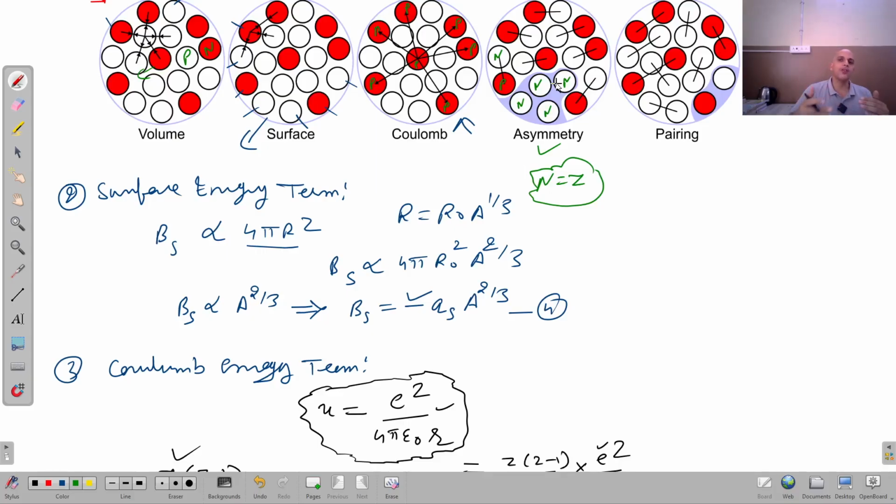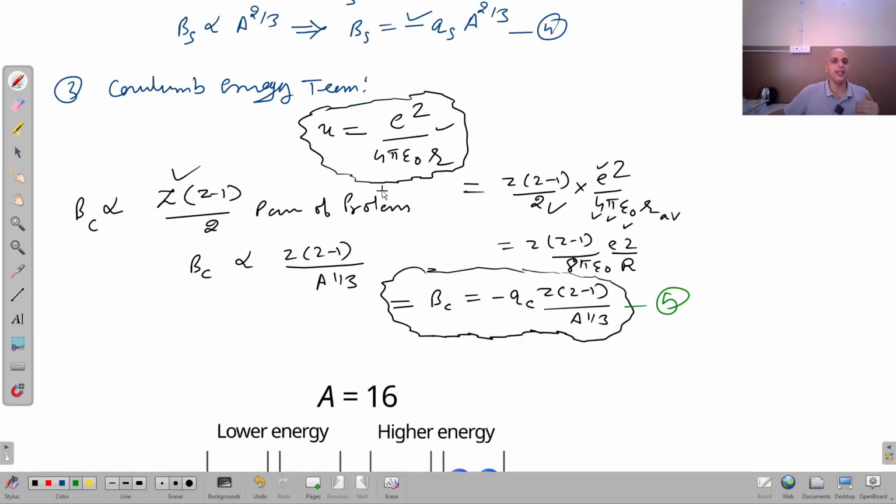Why? Because due to the increase in these neutrons, the size of the nucleus is also increasing. Although these neutrons are also increasing the attractive force between the nucleons, that is the strong nuclear force, the size is also increasing, which is a matter of concern. So that's why we are saying that these excess neutrons will reduce the stability of the nucleus, decrease the binding energy of the nucleus, and we call this term the asymmetry energy.